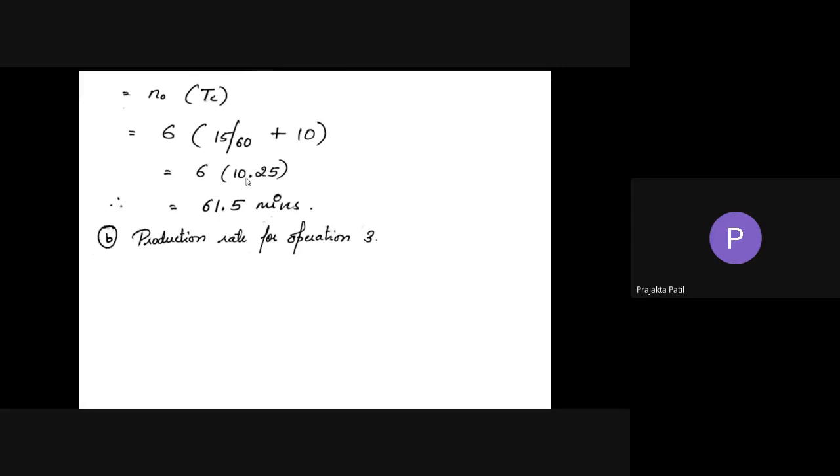So go to the equations. 60 by TC, ma'am. Now, do we know what is TC with respect to mass production? We have just written here also. TC is what? TR plus max of T0. Correct?